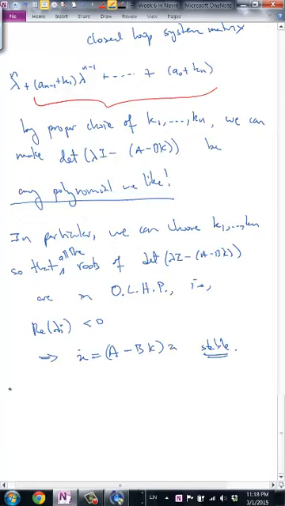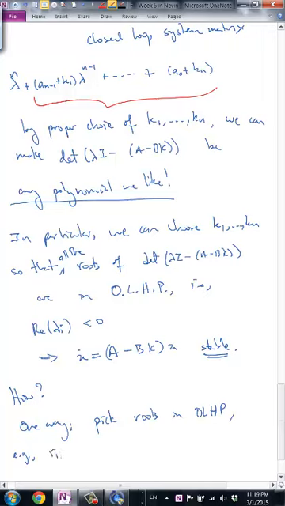And how do we do this? Well, one way is we pick roots in the open left half plane. Let's just do this completely generically.